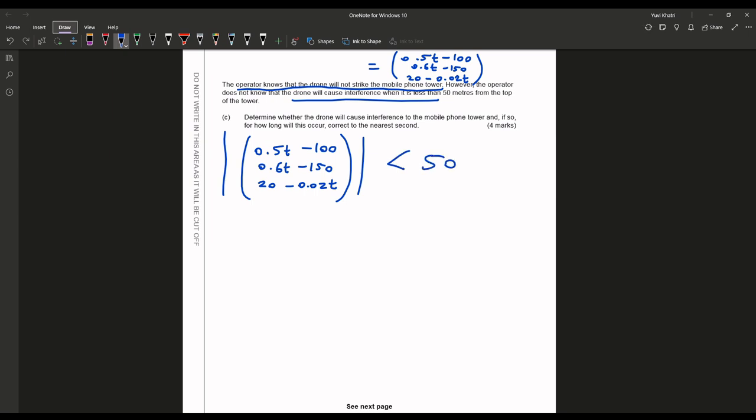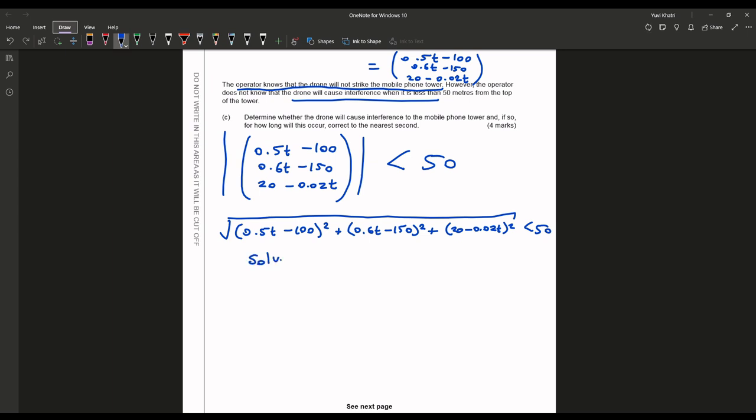Because this is the vector of the drone from the tower, and the distance between the drone and the tower will be the magnitude of this vector, and that needs to be less than 50, right? So that should get us this. This is the magnitude, and that needs to be less than 50.